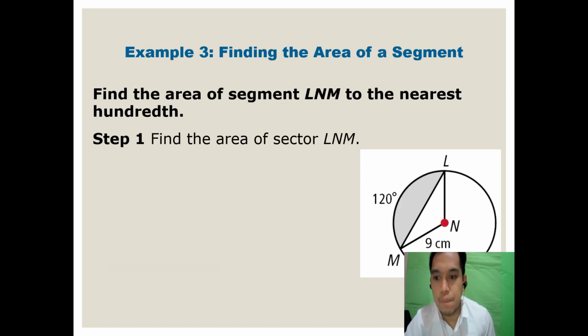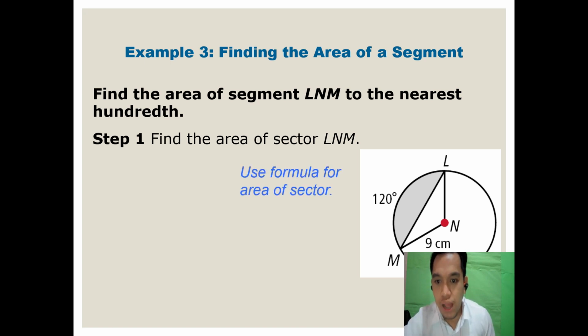So example, find the area of segment L and M to the nearest hundredth. Okay, so first we must find the area of sector L and M. Yun muna yung ating uunahin, yung area ng ating sector.